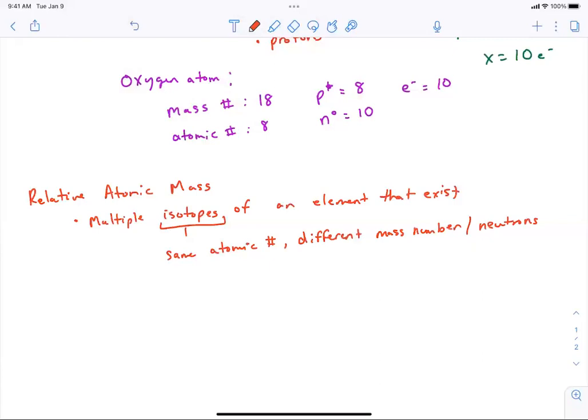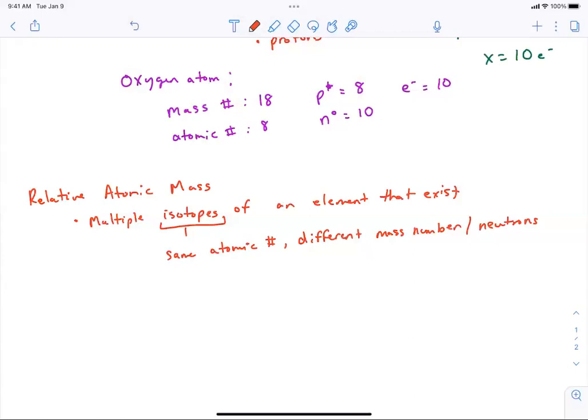So in the oxygen example, it was just a coincidence that they're the same. It's not always the same. You can only calculate electrons based on knowing your atomic number and your charge. If the charge is 0, then it's the same as the proton number, and that's the only case. Okay. So isotopes are the same element with different number of neutrons, so the mass number changes.